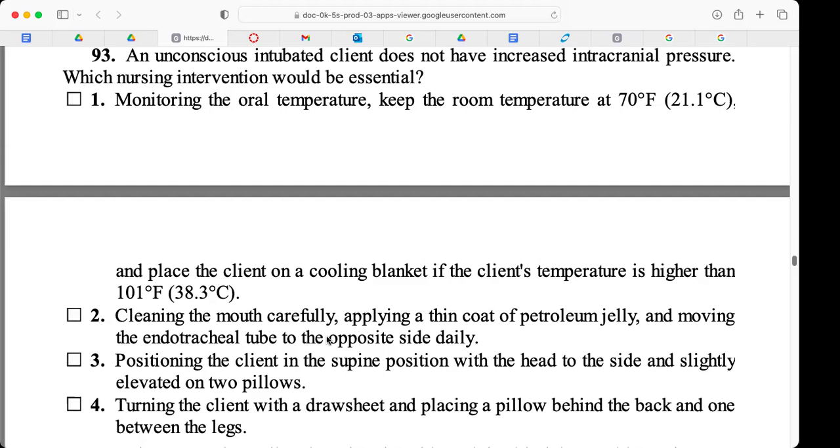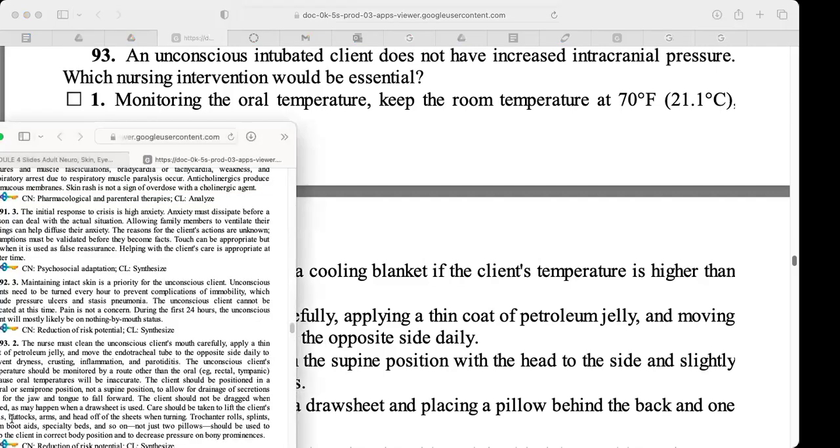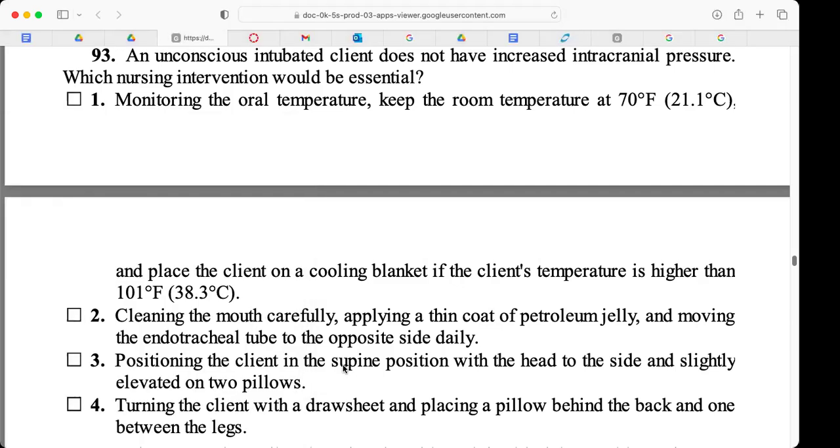What's next? 4. She said no. What do you guys think? Mine probably oral temperature. 1, no. 2. The correct answer is 2. Okay.